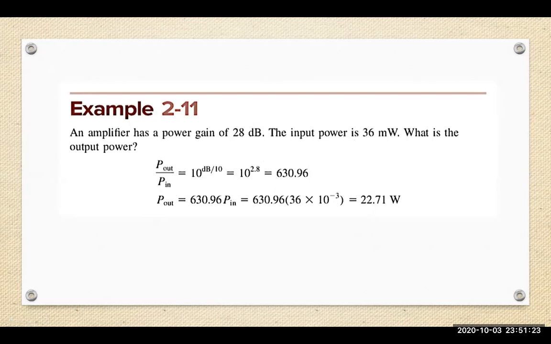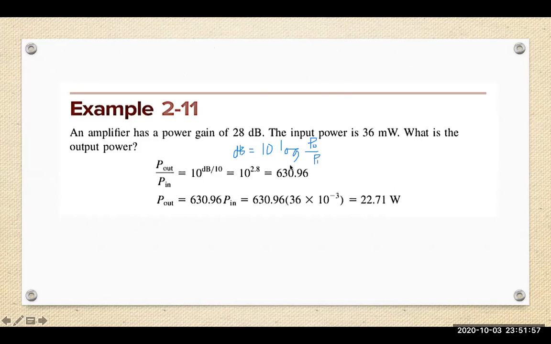So 10 raised to the dB value 28 divided by 10, which is, of course, the 10 log in the formula. Let me just write so that you can see what I meant. The dB power gain is equal to 10 log of the ratio of the power output over the power input.